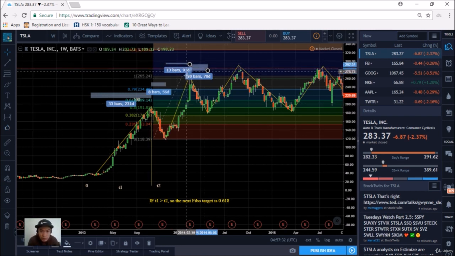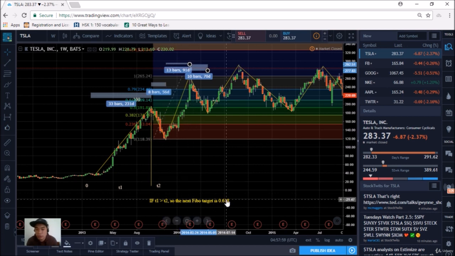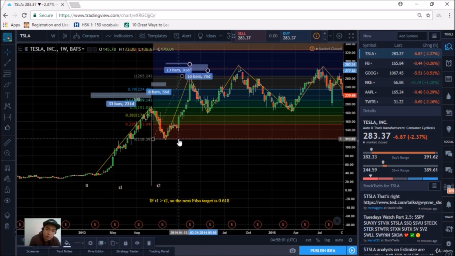You can see that it takes 91 days from this bottom to get to this distinct high, and it took 70 days to get from this high to this bottom low. This rule is still applied, which is T1 more than T2, so the next target should be 0.618. So you move this up.